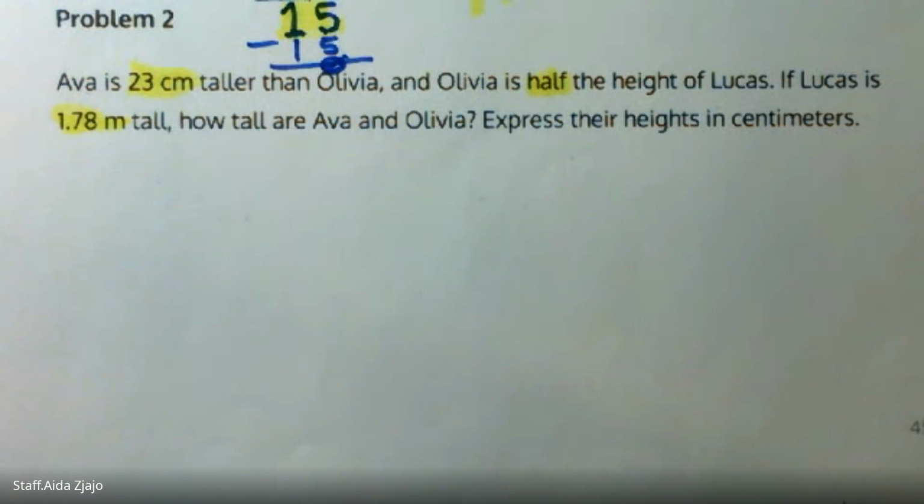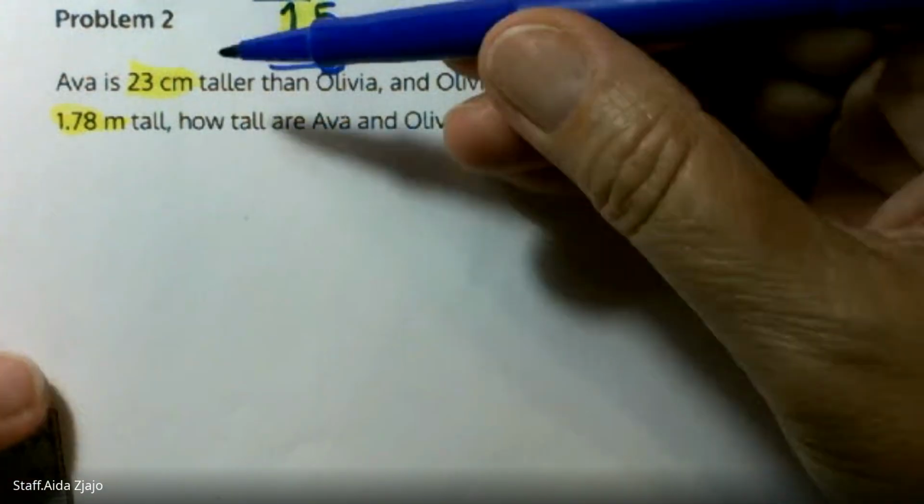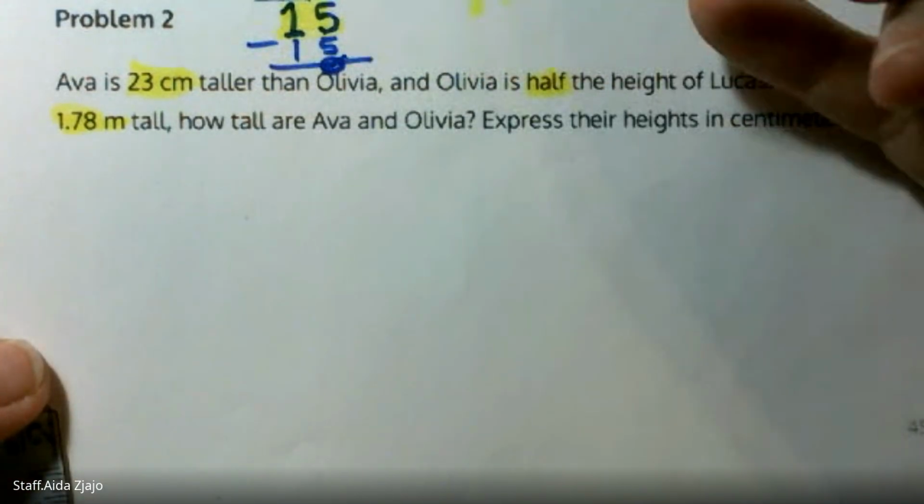So let's pretend that these are the people. Ava is taller than Olivia.